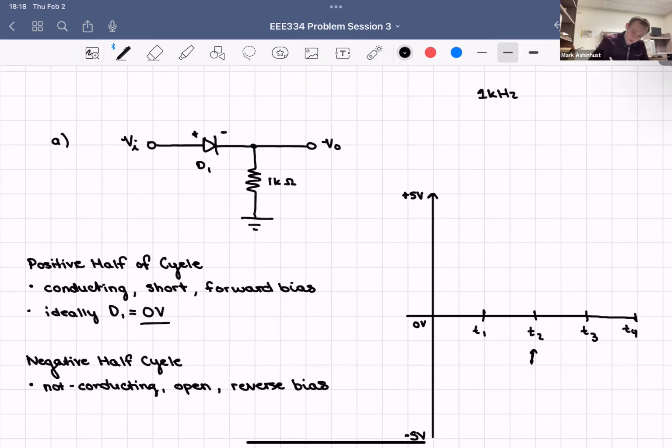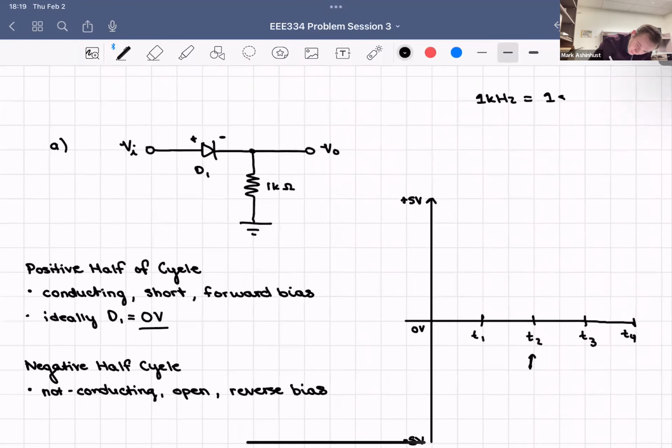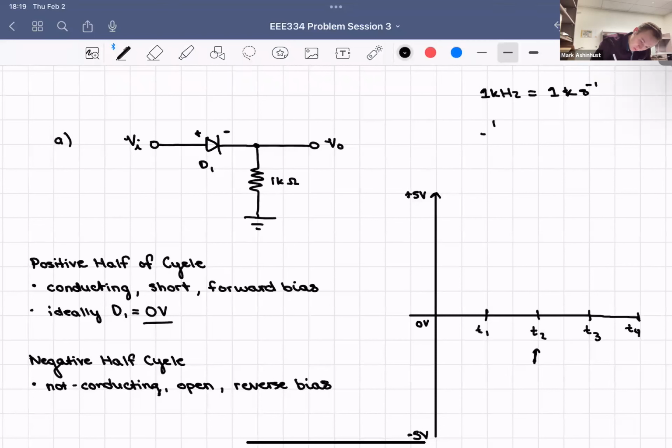So 1 kilohertz is 1 kilo and then inverse seconds. So 1 over 1,000, which would be 0.001 seconds, is going to be T2.